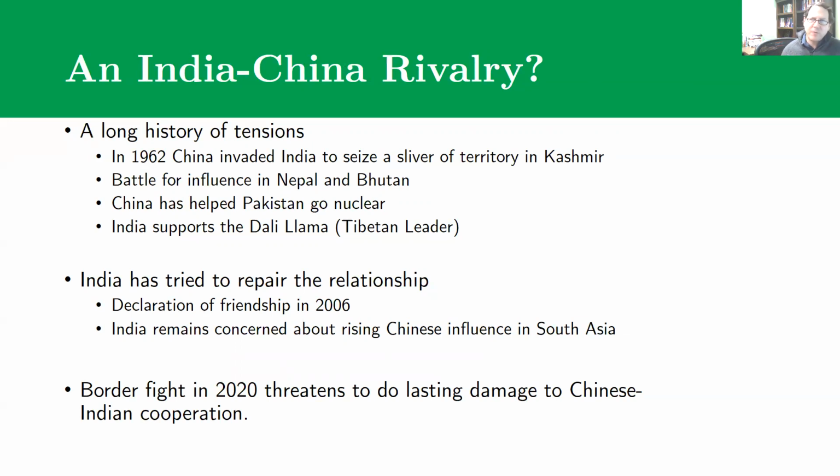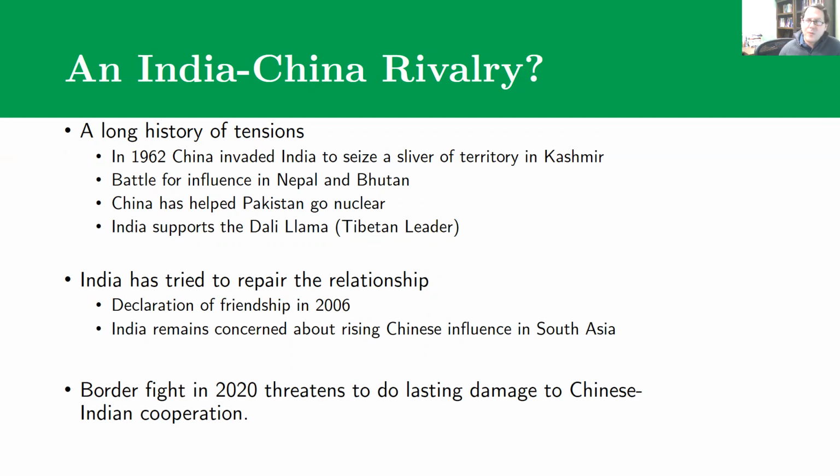They have struggled for influence over Nepal and Bhutan. China has been a close partner with Pakistan, including helping Pakistan to develop its nuclear arsenal, perhaps even faster than India was able to develop its own arsenal.